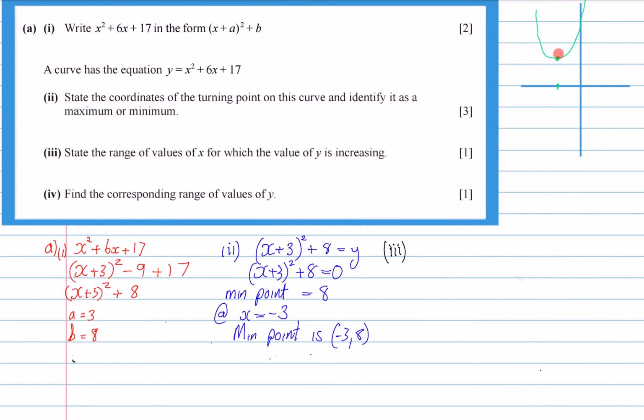This point here is minus 3, 8, and they're asking for the range of values for x for which the y value is increasing. So basically when x is greater than this minus 3, you can see that the y value is increasing. So the range of values for x for which the y value is increasing is when x is greater than minus 3.